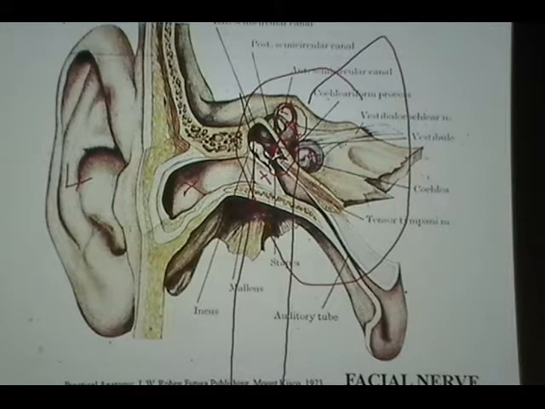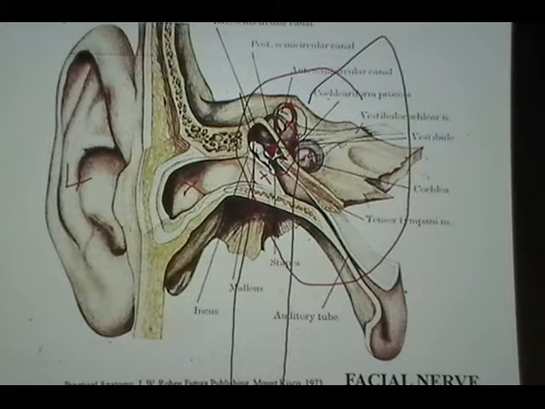Now the facial nerve comes in here as well. The vestibulocochlear nerve only goes to the sensory apparatus, the organ of Corti in the cochlea, or the semicircular canals in this membranous labyrinth, this membranous cave area.